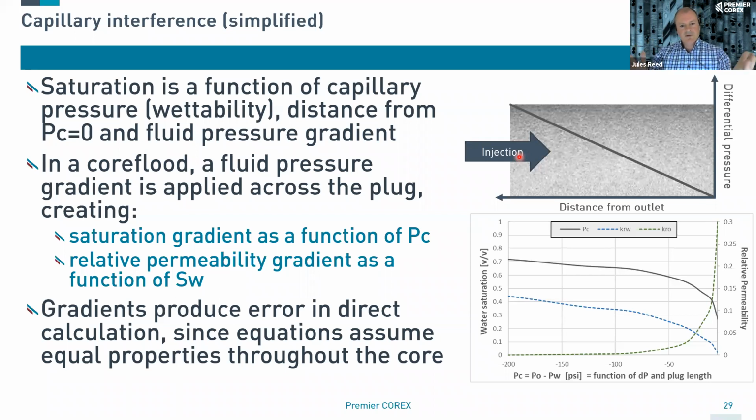And so what we have to do is we either apply a constant injection. That constant injection will then create a differential pressure across the sample. So we have higher pressure at the inlet compared to the outlet. Or we apply a constant differential pressure or a constant higher pressure at one end, and that will cause flow to occur.